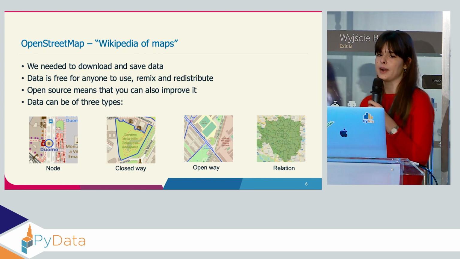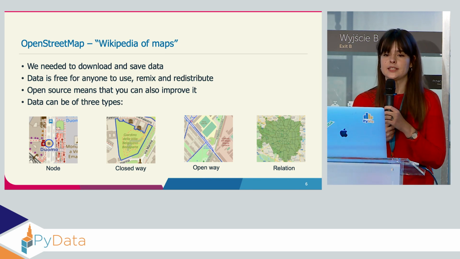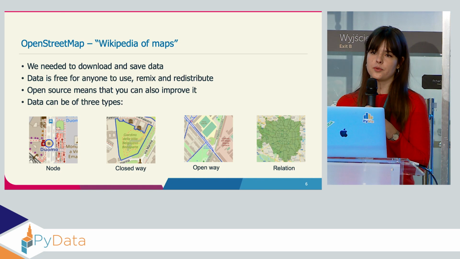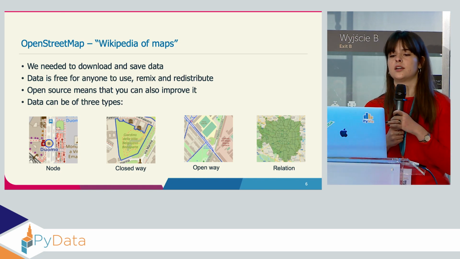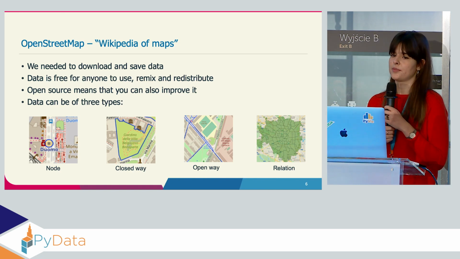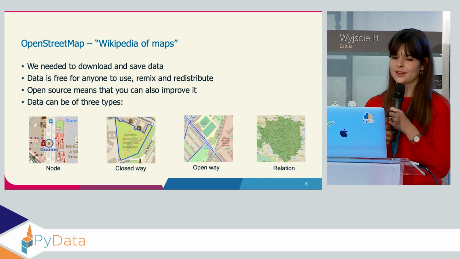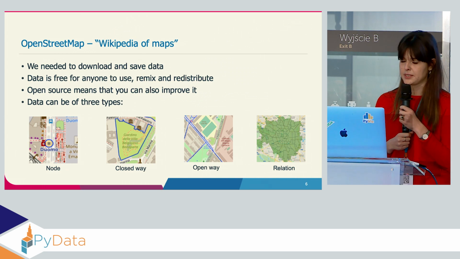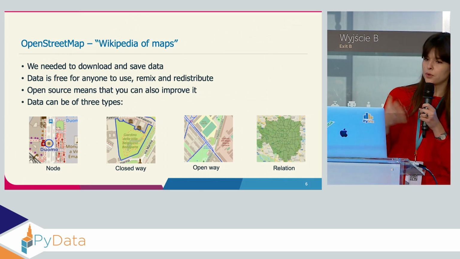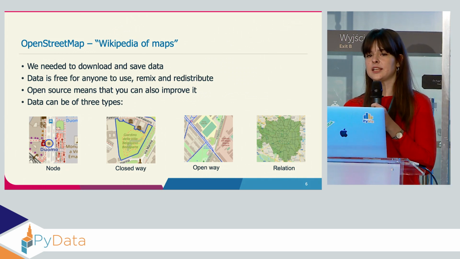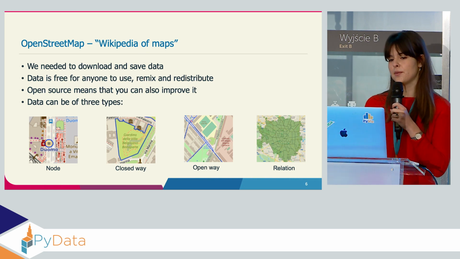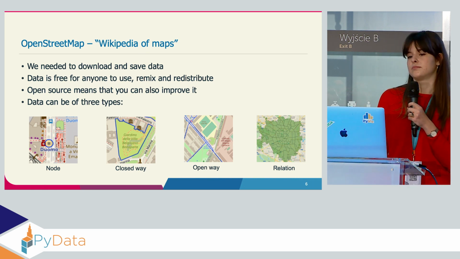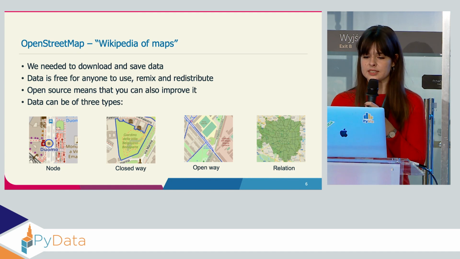The good thing about OpenStreetMap is that the data is free for anyone to use. If you see something is wrong, you can improve it. I mean, it's open source. And data can be of three types. There can be nodes or points. These are things like the train station, the subway station, a school, things like that.